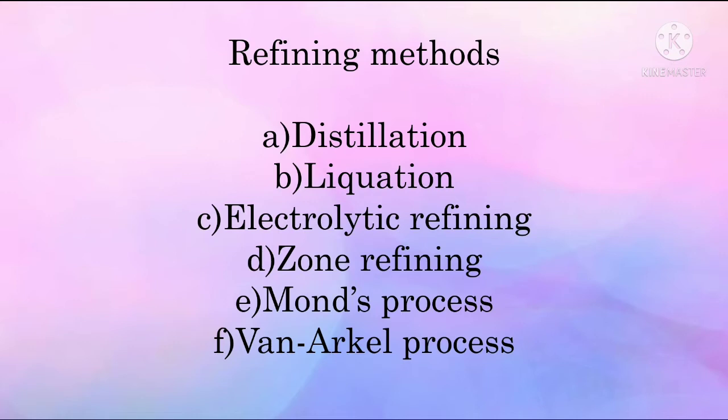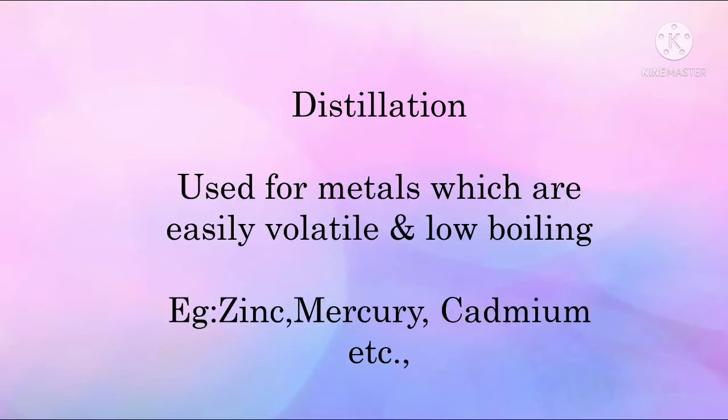First, let us see distillation. This refining technique is used for metals which are easily volatile and low boiling. For example, zinc, mercury, cadmium, etc. can be refined by this method. These metals have relatively low melting points, and they are easily volatile.